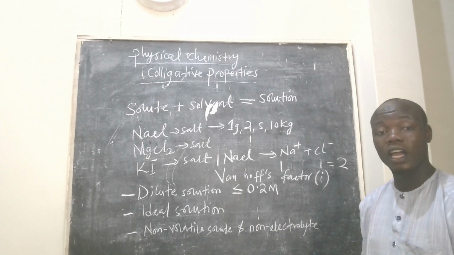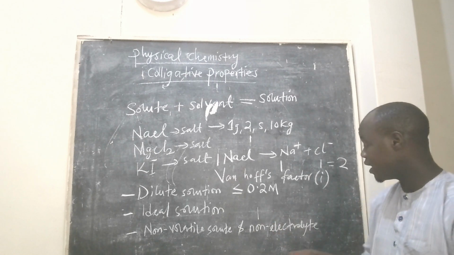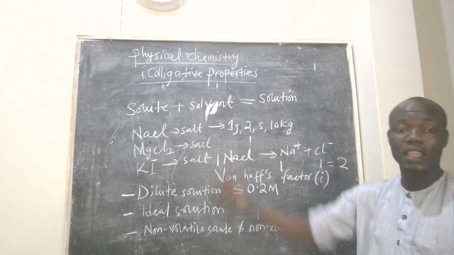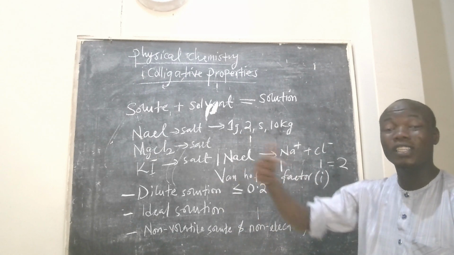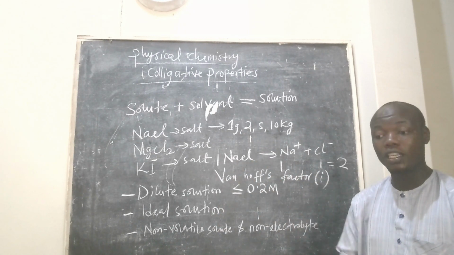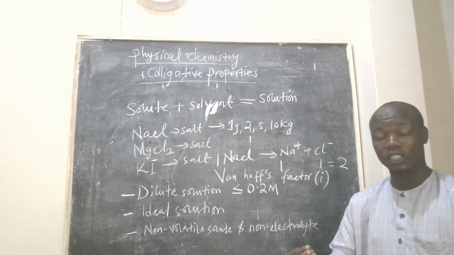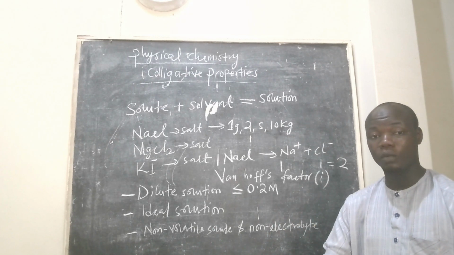But in a situation where your solute particles are electrolyte, then what you have to do is look at, after you add the solute particles into the solvent, does it dissociate? If it dissociates, then you count the number of dissociating particles, and the more the number of dissociating particles, the higher the colligative property.